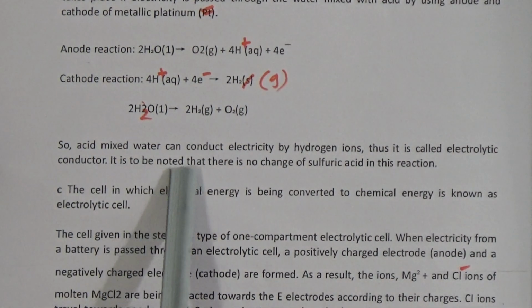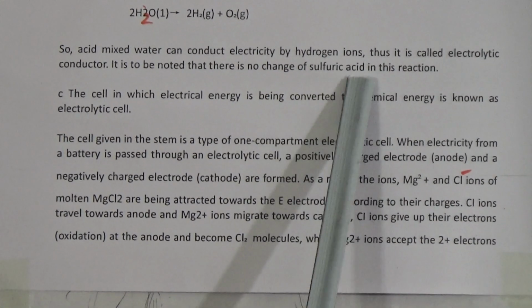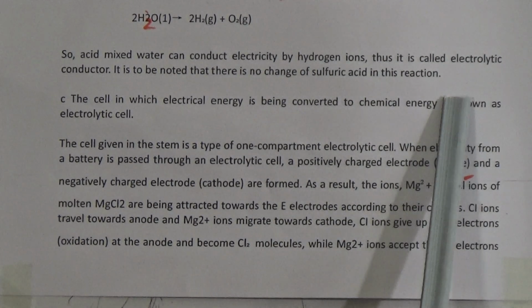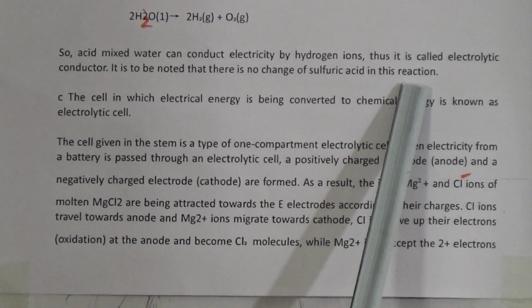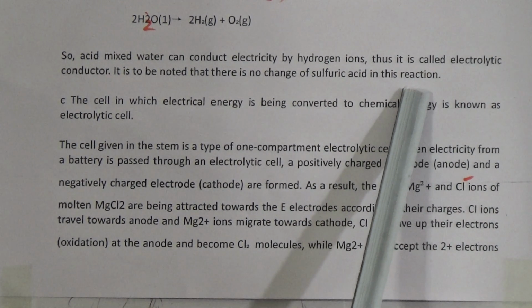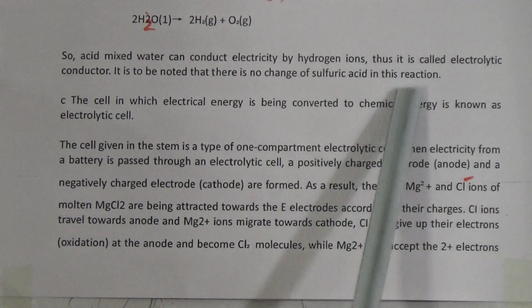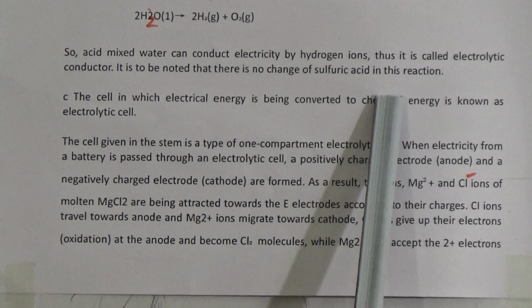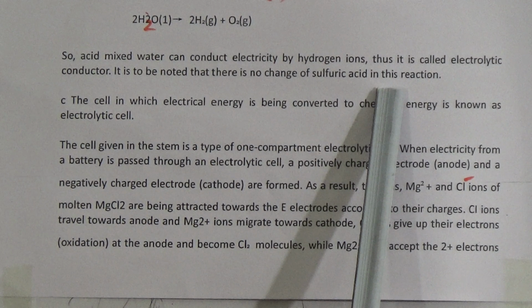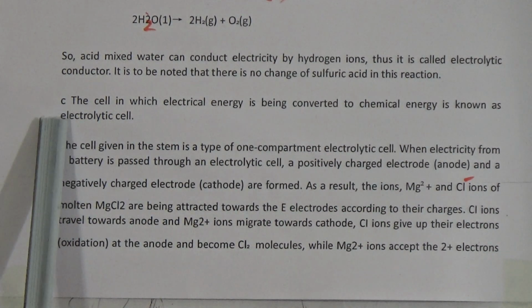It is to be noted that there is no change of sulfuric acid in the reaction. That means only water, the electrolyte, is broken down to make hydrogen gas and oxygen gas. So sulfuric acid has no role in the chemical reaction, but only helps the electricity flow. Now come to question number C.